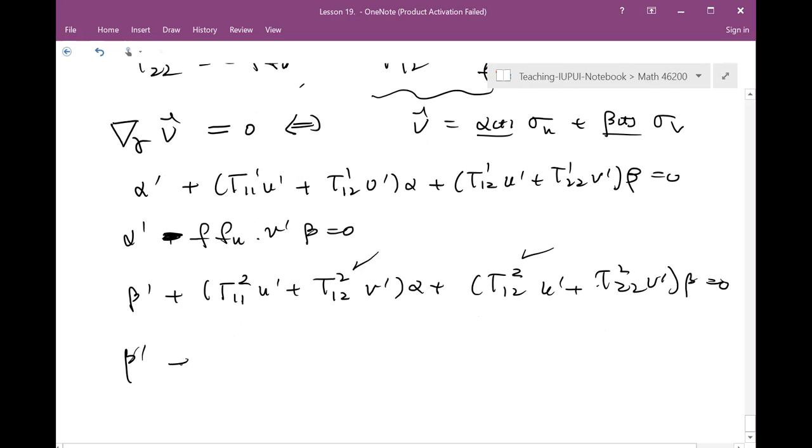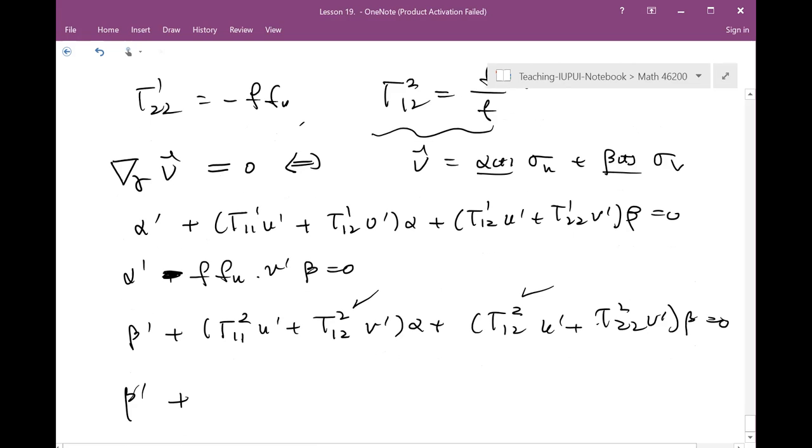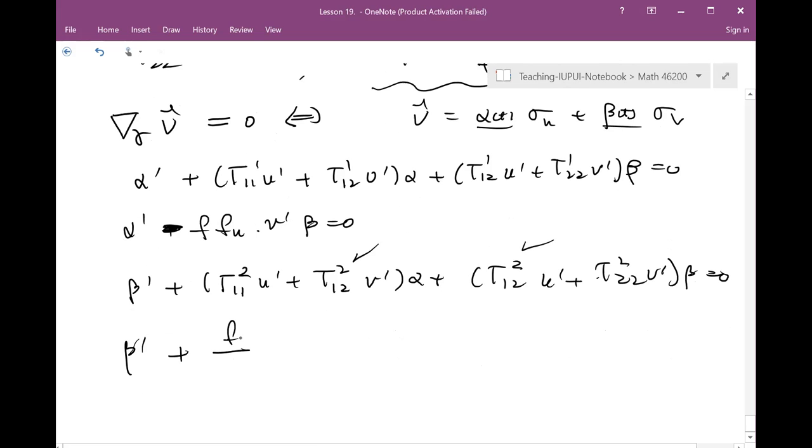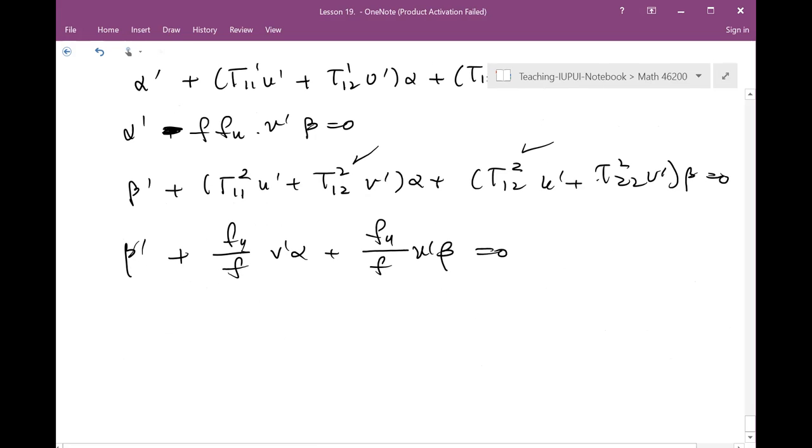So it's gamma prime 2, 2, so that's FU F and FU F U prime beta. So the parallel vector fields along any curve will be completely determined by these two equations.